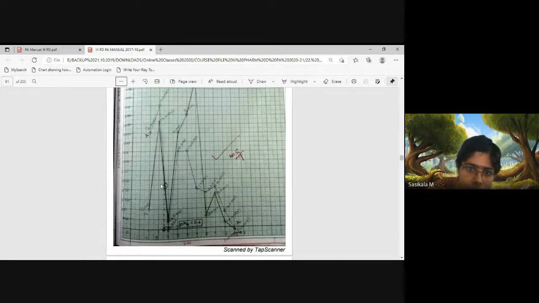You can find two curves. One is a dotted line, another one is a dark line. This light line represents lambda 1 and this is lambda 2. Lambda 1 is at 430 nanometer.